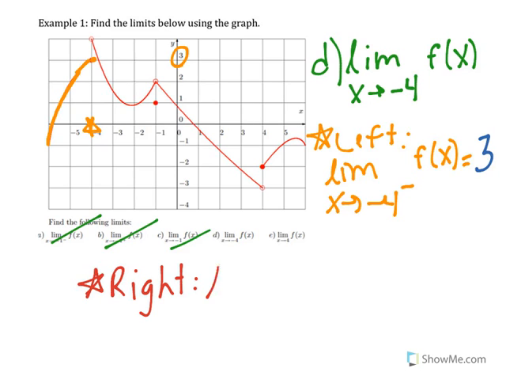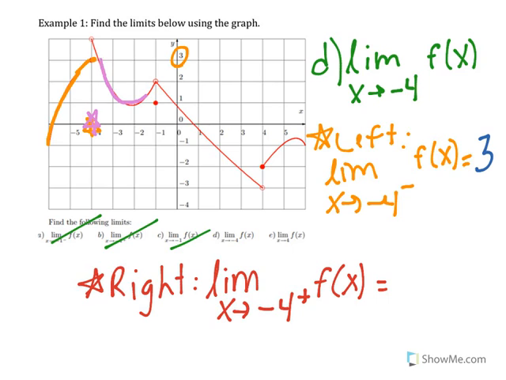So my right limit, let's write it out for notation. X approaches -4 from the right of f of x. So that will be equal to, let's see, so -4, I'm going to change colors so you guys can see it. I'm going to use purple. So -4, we already know where it is. I'm going to trace my function, my piece that's to the right of -4.